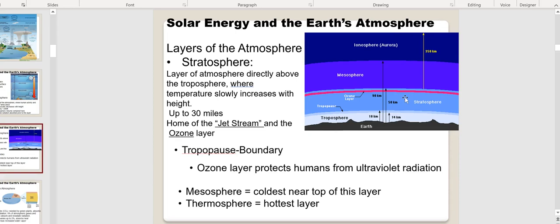Well, one of the most important things that the stratosphere does for us as humans and all life on Earth is it houses a very important layer called the ozone layer. The ozone layer is what we call O3. And what does it do? Its job is to absorb the sun's harmful rays. Now, harmful, what does that mean?